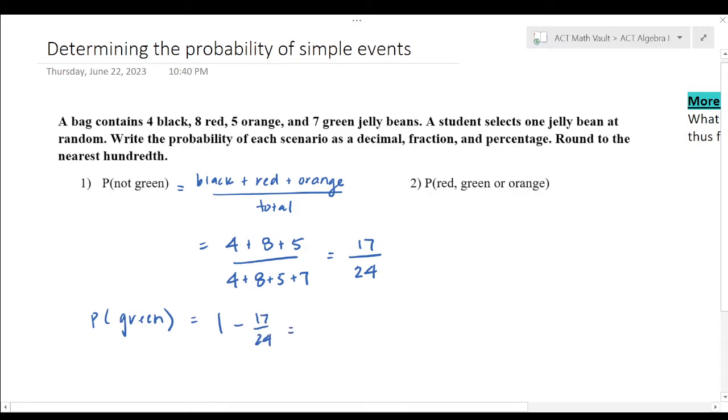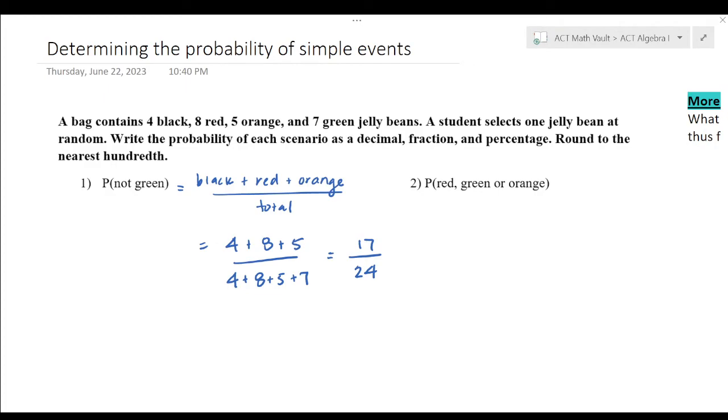And that one whole is the same thing as 24 over 24 minus 17 over 24, and that would just be 7 over 24. Obviously, there are 7 greens, so that makes sense. Let's erase that for now. That's not what it's asking, so I don't want to confuse you. But occasionally you'll be asked for the greens or the opposite of the greens.